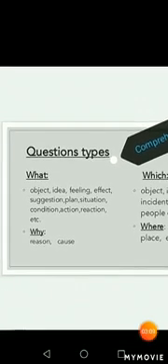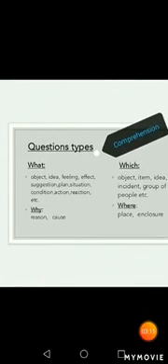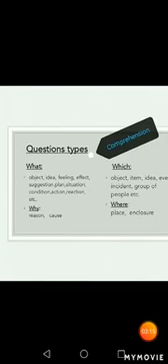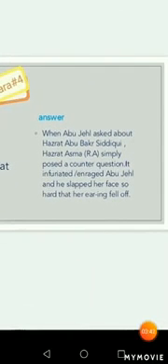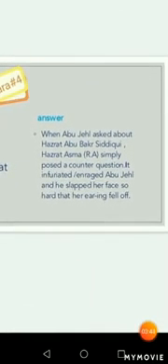As we have read the unit Hazrat Asma Radhiyallahu Ta'ala Anha, let's take an example from the same unit. The question is, what happened when Abu Jahl asked about Hazrat Abu Bakr Siddiq Radhiyallahu Ta'ala Anhu? When Abu Jahl asked about Hazrat Abu Bakr Siddiq Radhiyallahu Ta'ala Anhu, Hazrat Asma Radhiyallahu Ta'ala Anha simply posed a counter question.